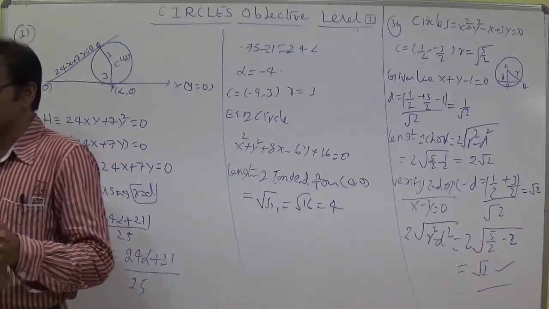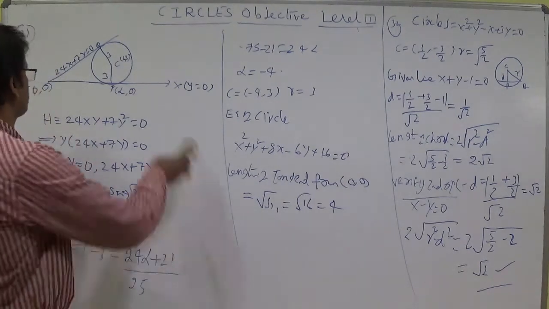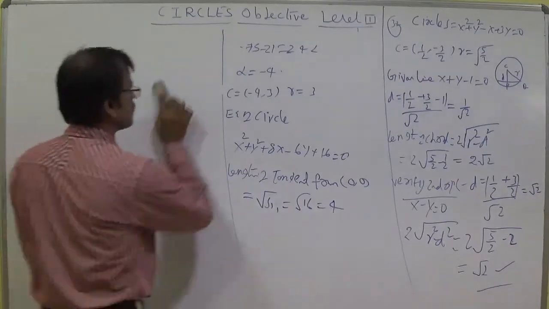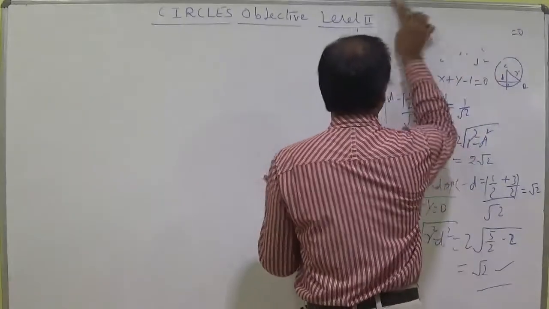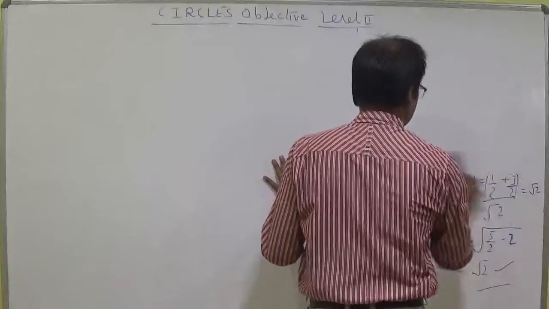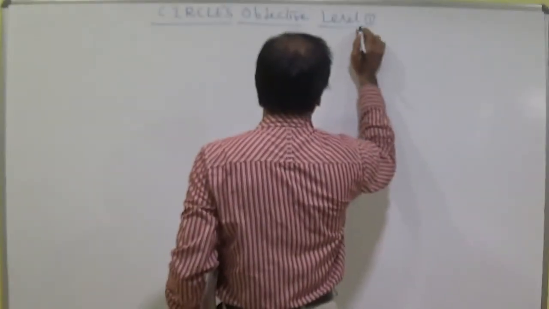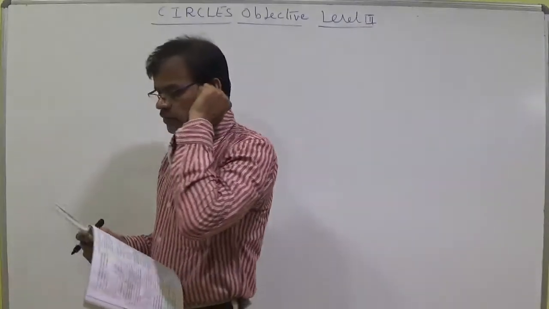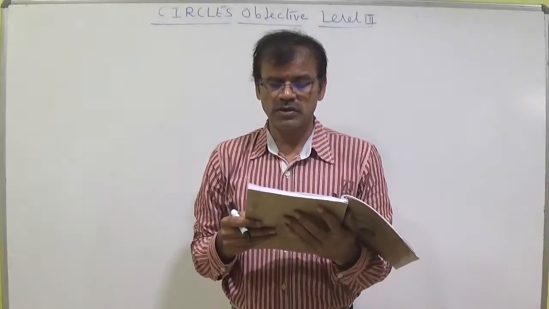Now let us discuss the 33rd question. A ray of light incident at the point minus 2, minus 1 gets reflected from the tangent at 0, minus 1 to the circle.